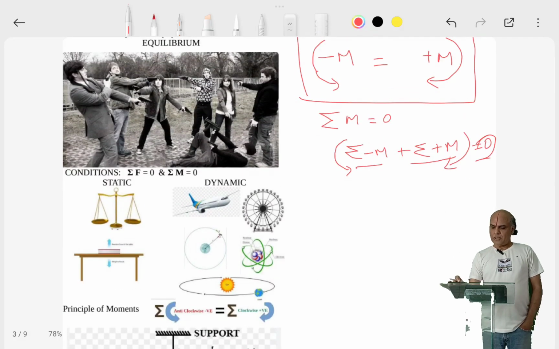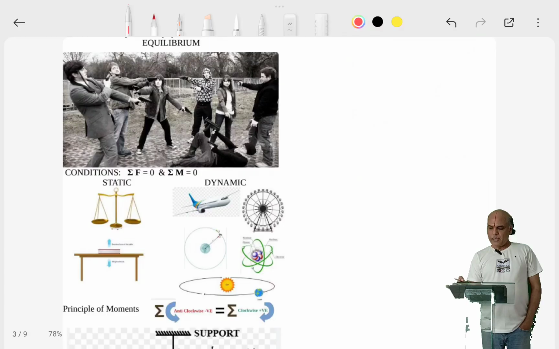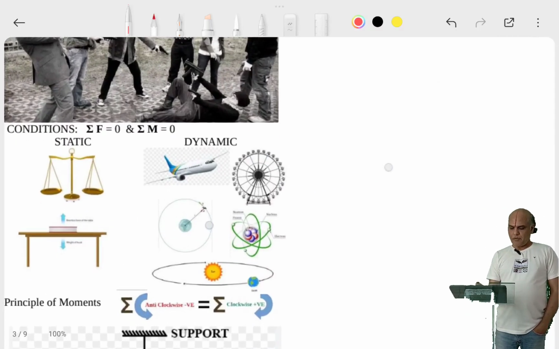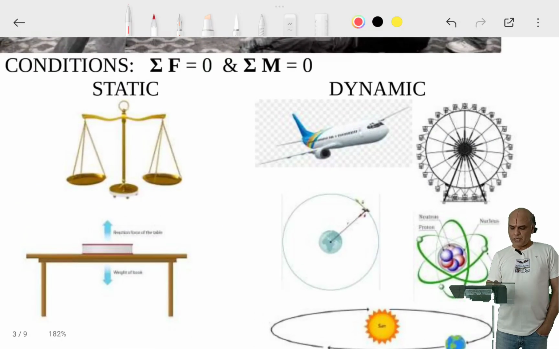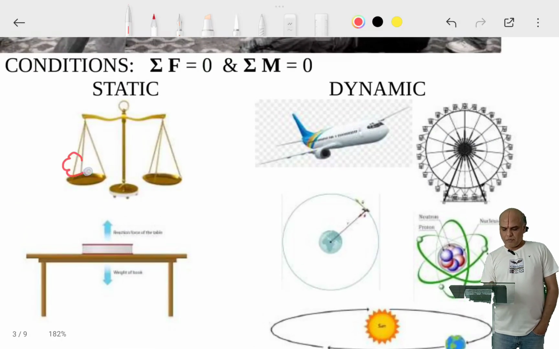Now let us consider some daily life examples of equilibrium. If you have seen a common balance, where some vegetables you are purchasing will be placed here and a weight is placed here.